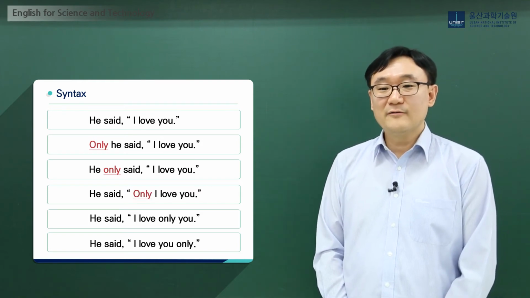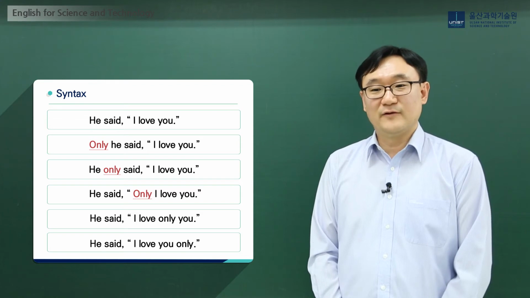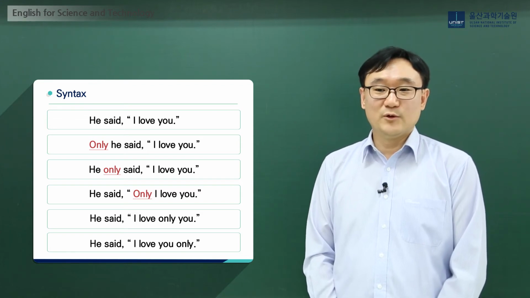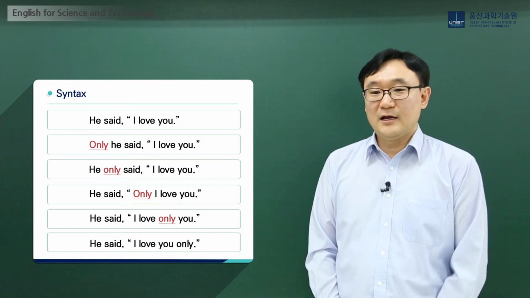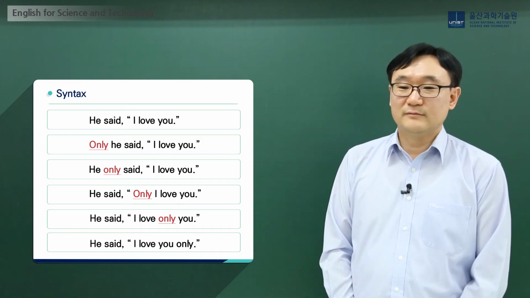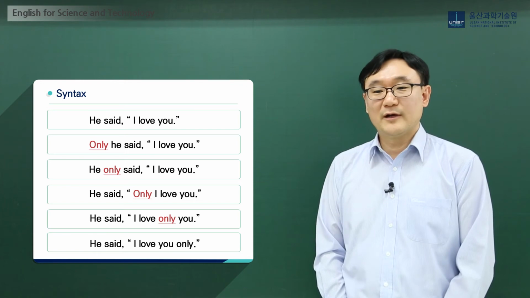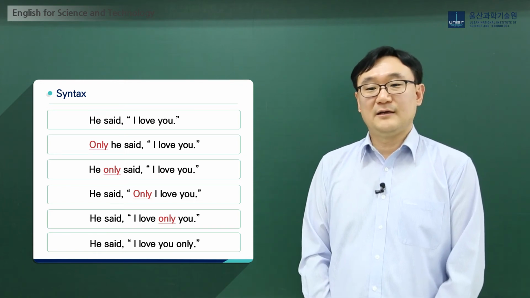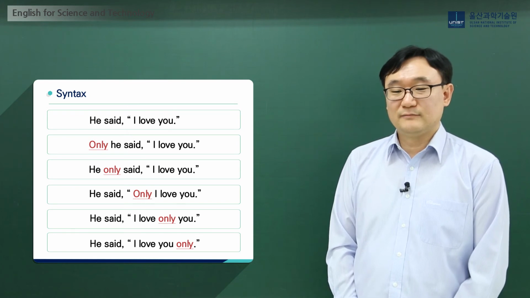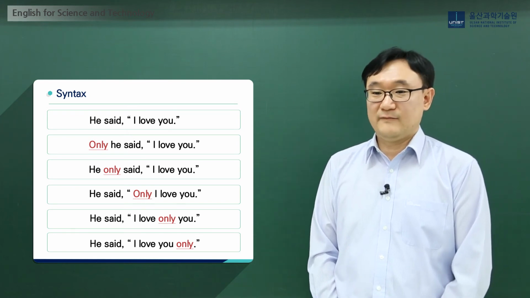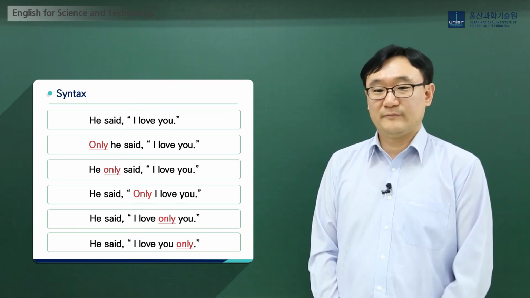He said, only I love you. This means no one else does. He said, I love only you. This means he doesn't love anyone else. And finally, he said, I love you only. This means his love is exclusive.